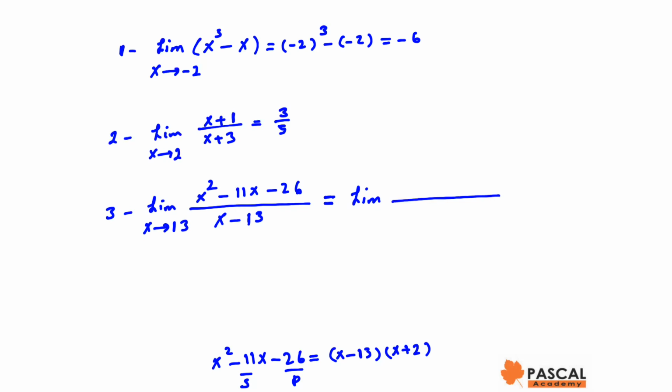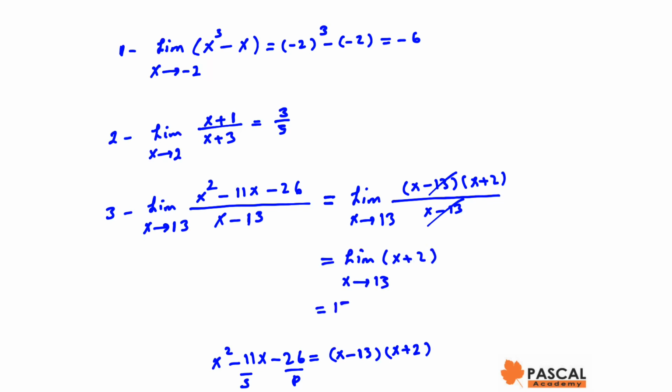Therefore, the numerator is (x minus 13) times (x plus 2). The limit would be the same as the limit of x plus 2 as x approaches 13, which is 15.